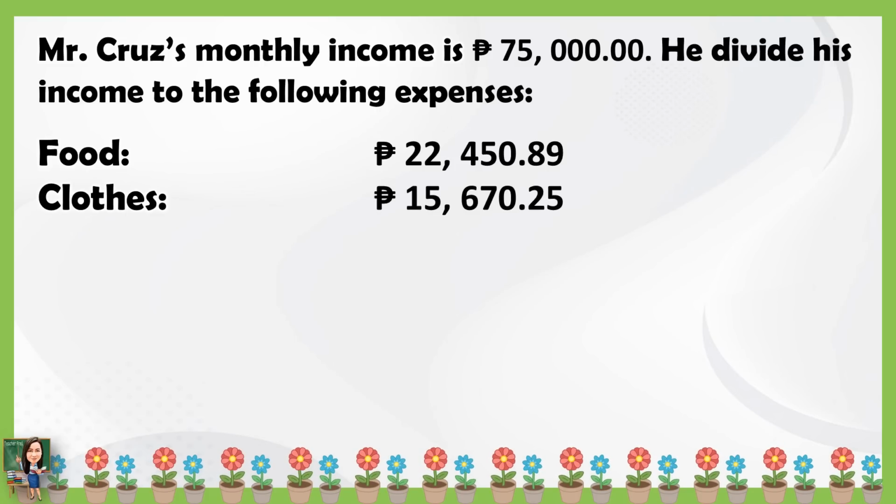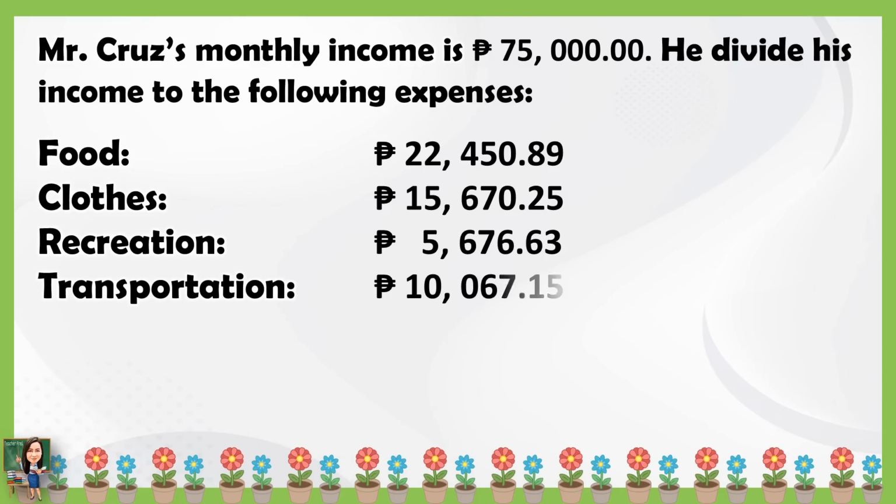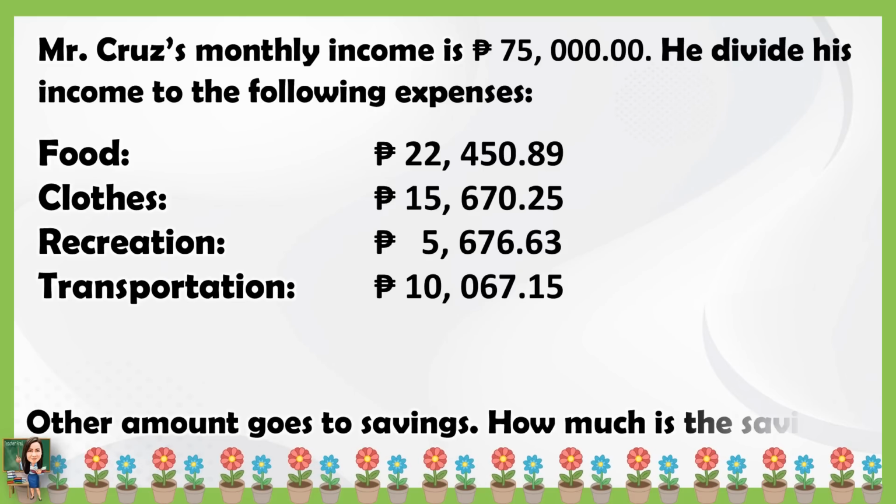Clothes is 15,670 pesos and 25 centavos. Recreation, 5,676 pesos and 63 centavos. Transportation, 10,067 pesos and 15 centavos. Other amount goes to savings. How much is the savings?